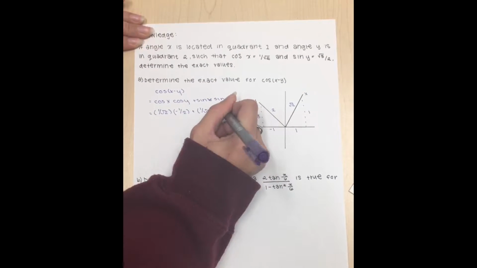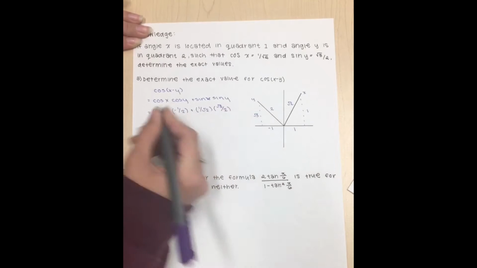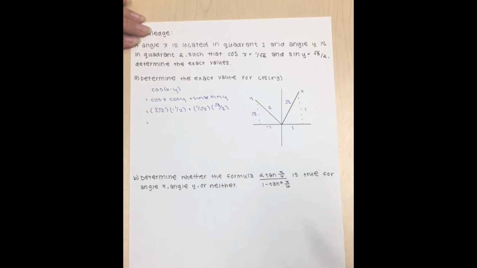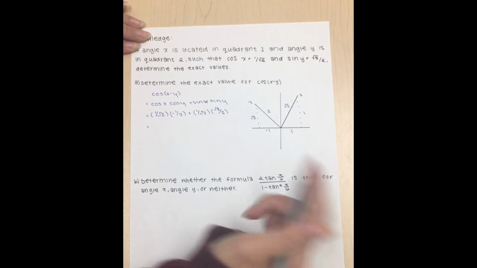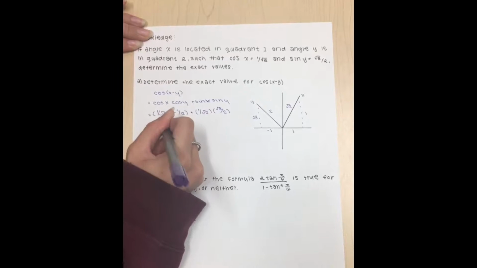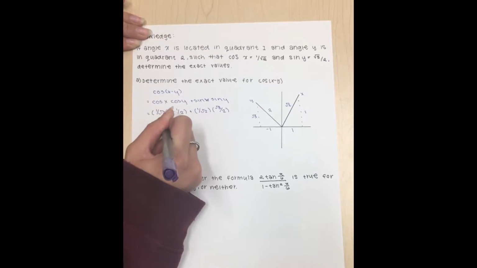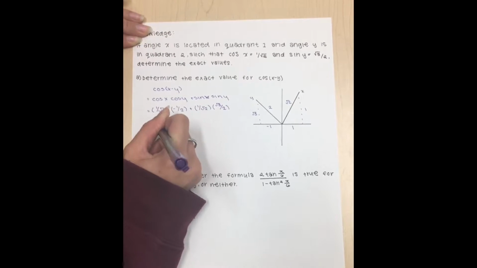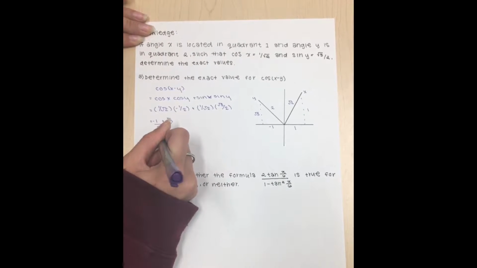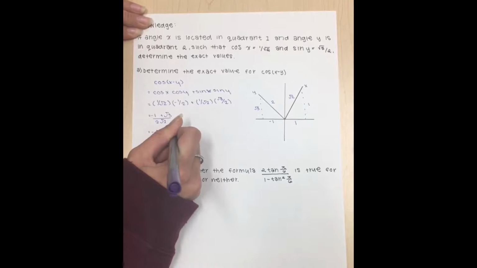Now that we have the exact values properly in the formula, we can start to simplify. Once we get to this point, we can now rationalize the denominator, and negative root 2 plus root 6 over 4 is our final answer.